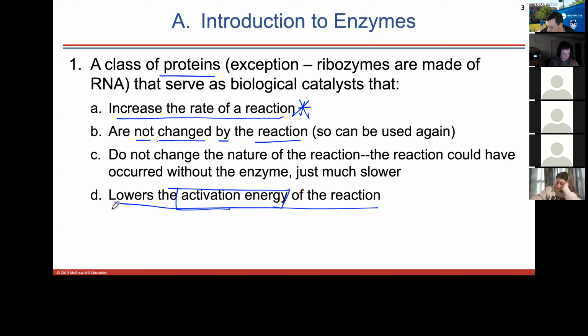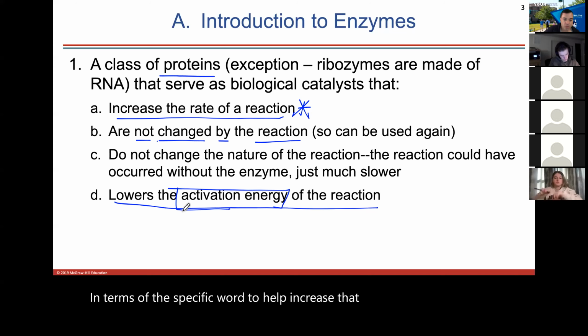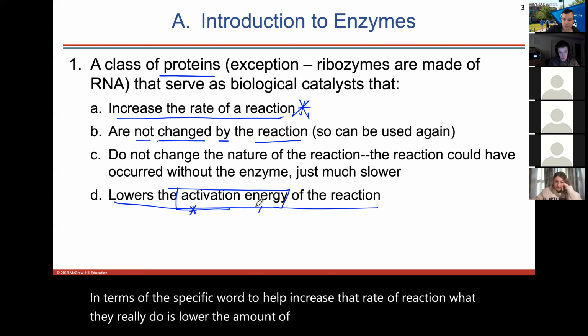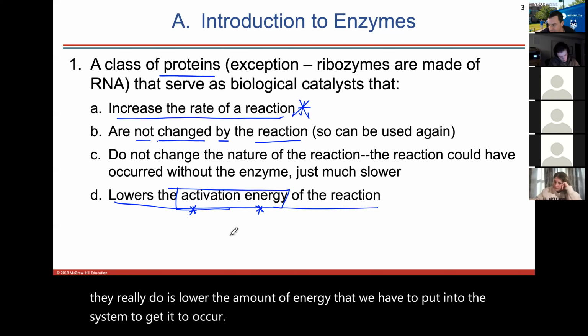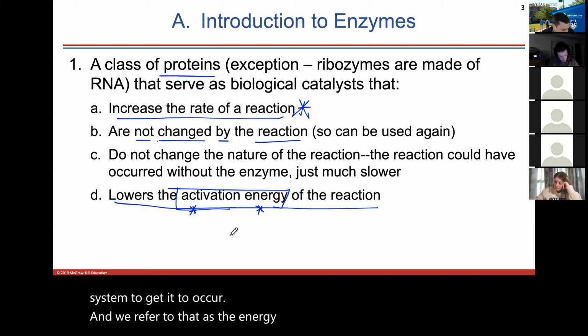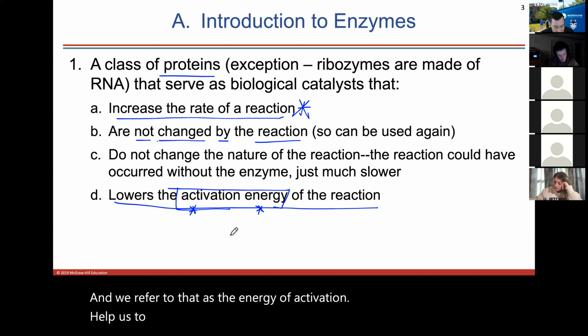In terms of the specific word to help increase that rate of reaction, what they really do is lower the amount of energy that we have to put into the system to get it to occur. And we refer to that as the energy of activation. It helps to lower that hill that we have to get over for the reaction to occur.